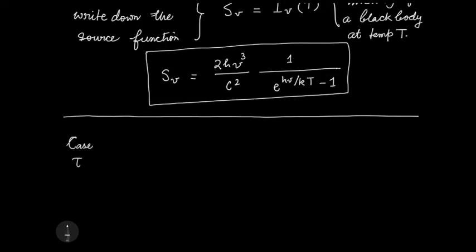It's obvious that we'll look at the next thing now, which is the opposite limit: tau nu much less than 1. Obviously very few collisions.